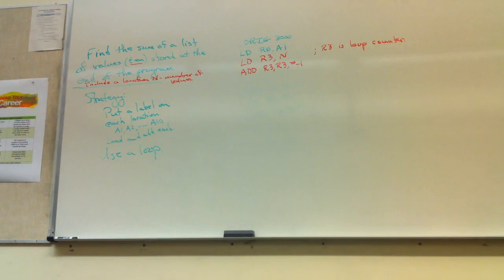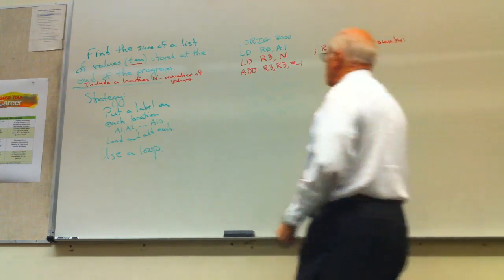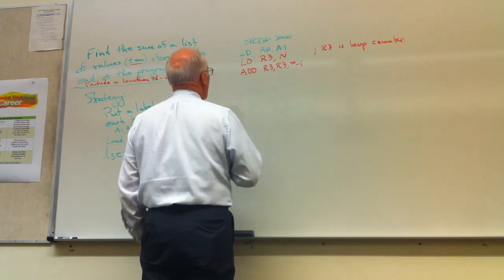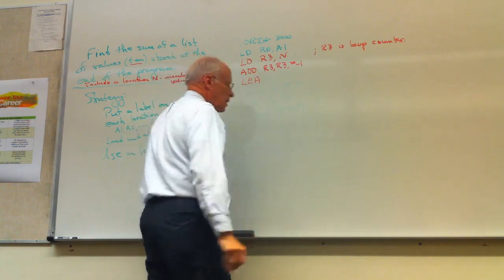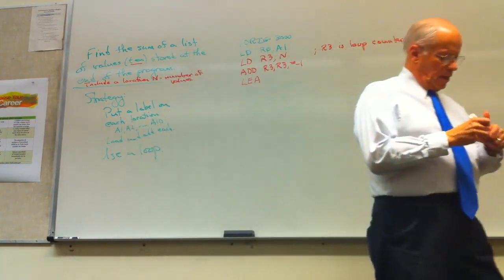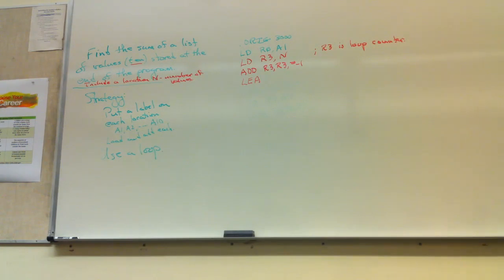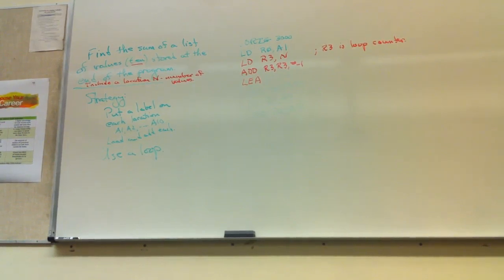Now I'm going to use an instruction that we haven't talked about. LEA says load effective address. What this is used for is to get into one of the registers the full 16-bit address of some memory location that you want to work with.